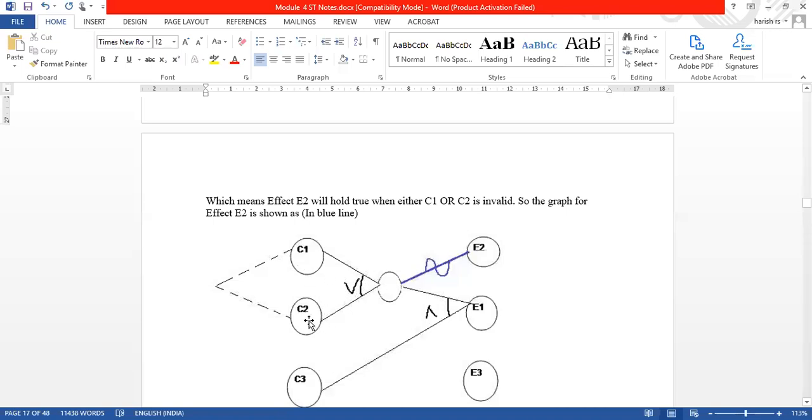This or this should be true. This is the OR symbol. C1 should be true or C2 should be true. But this is a not symbol. If this is not valid, then we'll give rise to the C2 problem. Is it clear, students? Are you understanding?